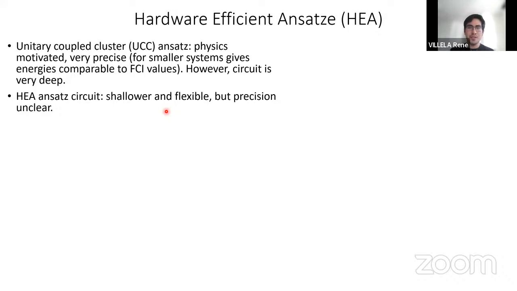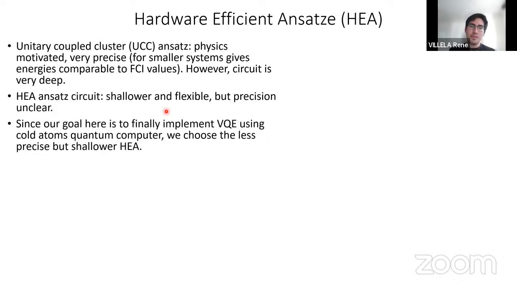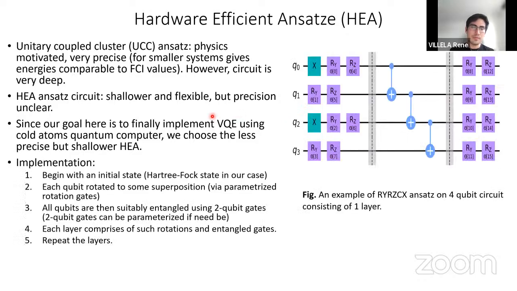It's just a very general technique that seems reasonable. And since our goal here is to finally implement these techniques on real quantum hardware, we are not going to focus on the unitary coupled cluster now. We are going to focus on the hardware efficient ansatz because the circuit depth is shallower. So for now, we need to use this technique if we want to use this idea on current quantum hardware.